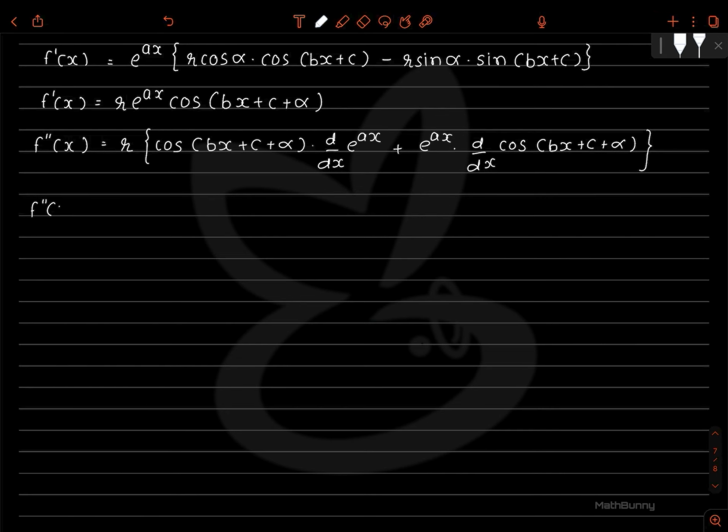This would be equal to r a e raised to ax cos(bx + c + alpha) minus b e raised to ax sin(bx + c + alpha).